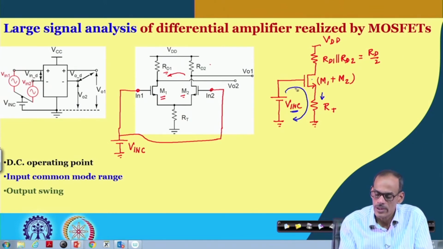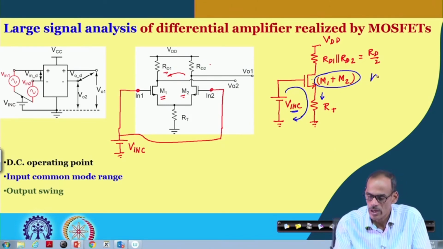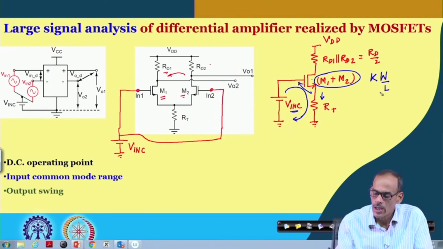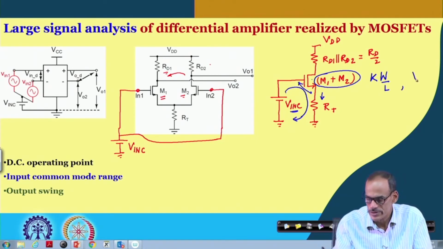So, if you analyze this circuit, suppose the combined transistors have a transconductance factor of, say, K W by L, it is given to us, then it is having VGS, and also its threshold voltage is given to us.